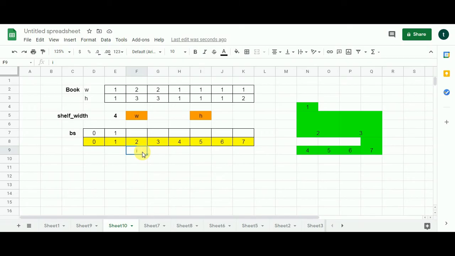For arrangement number 1, we are going to simply build the next shelf for this book. The width of this book is 2 and the height is 3. If we place this book in the next shelf, then this 3 will be added to the height of the previous arrangement. So we are going to get 4, which we'll place over here.